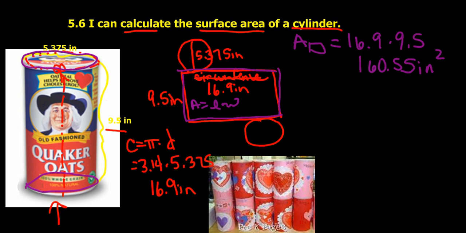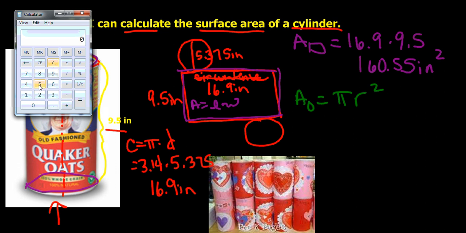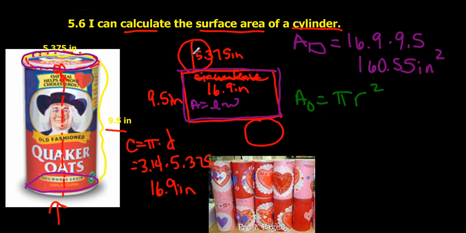Okay, so the area of my circle is equal to, of course, pi r squared. In this case, my diameter is 5.375, and we all know, because we are super mathematicians, we can take 5.375 divided by 2 to get our radius, which is 2.7. So my radius is equal to 2.7.